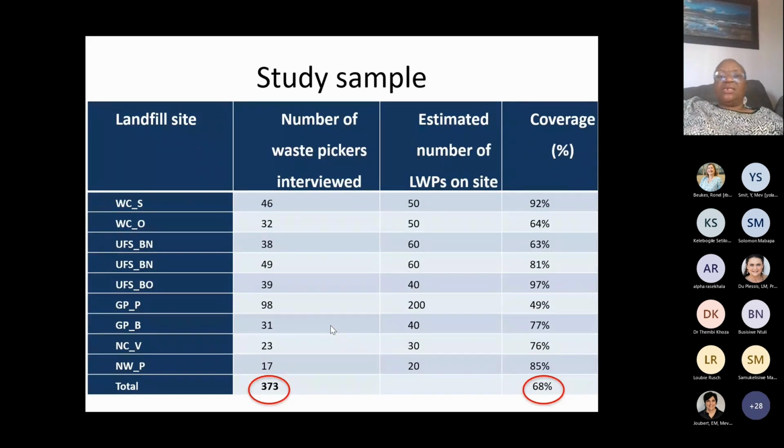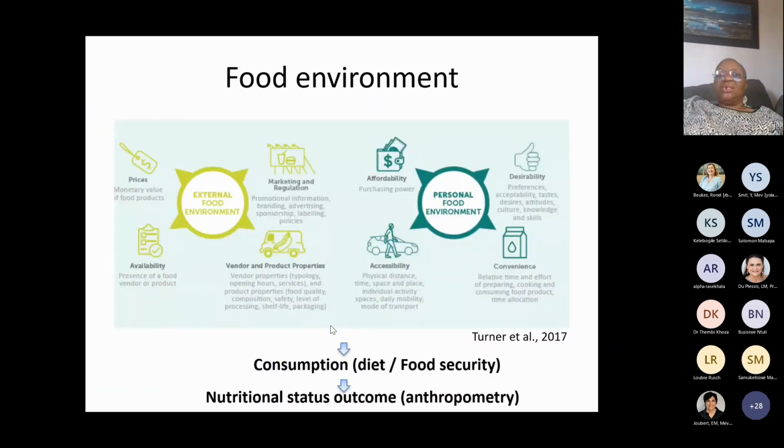The next slide shows the definition of food environments, as I indicated at the beginning, that you have the external and the internal environment, and the dimensions that influence whether it's external or the personal one.